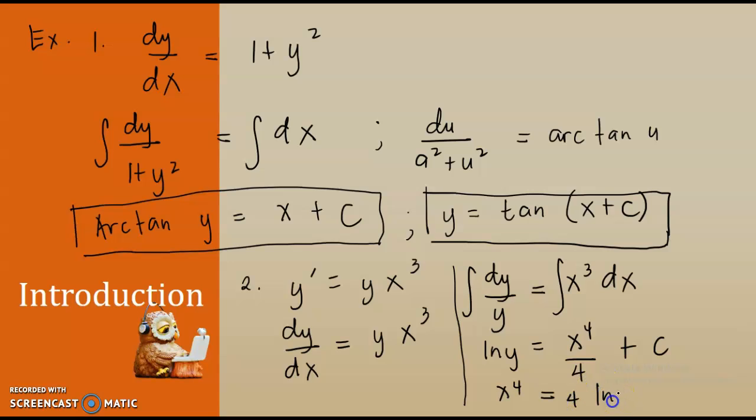If we're going to simplify this one, we have x to the fourth is equal to 4 ln y plus c. Since c is a constant, pwede natin gawin siya, lagyan natin siya ng ln c para mas madali nating ma-simplify. Since constant, kahit ano pong gawin natin sa constant.